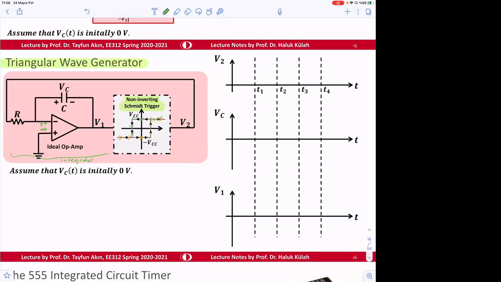We need to look at the signals again. Here we didn't mention, but this is M times V1, and this one is minus M times V1. Okay, what is V1? V1 is this voltage, or we can call it VCC, I guess. This time it's minus VCC, plus VCC. So maybe I should call this thing VCC, and then this should be VCC. Okay, so V1 is equal to VCC.